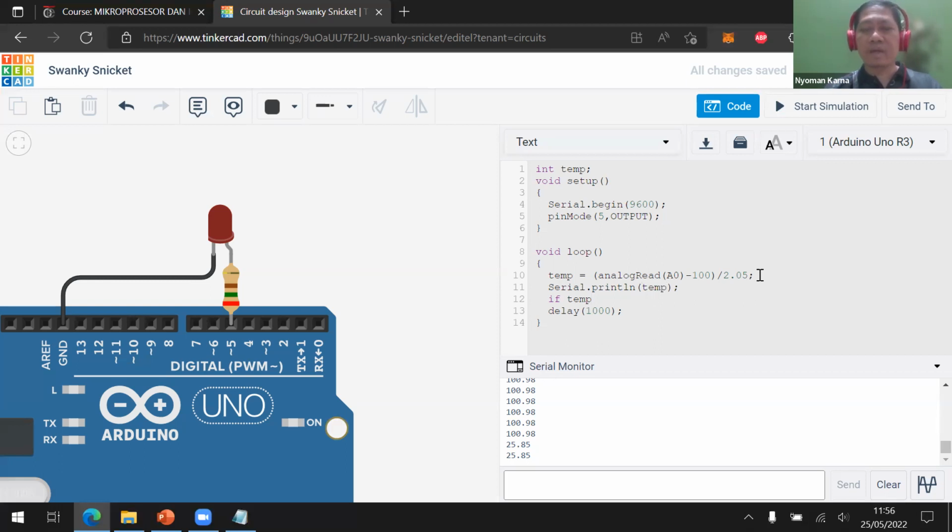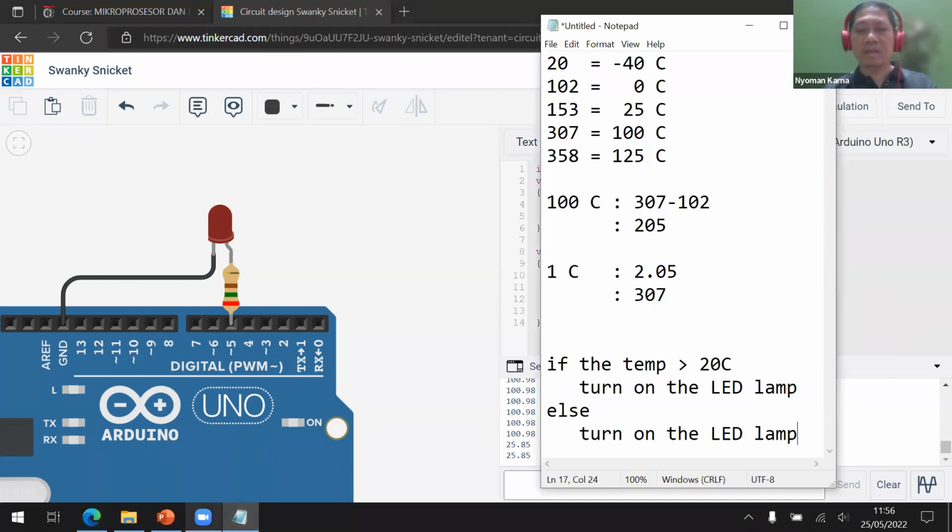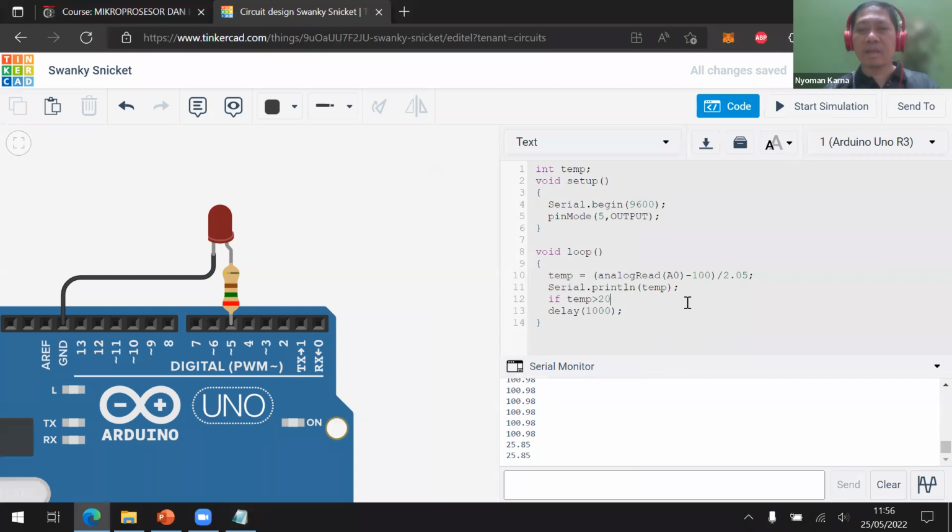Now, if temperature is more than 20, like this, turn on the LED lamp. Then digital write 5 with high. That's it.